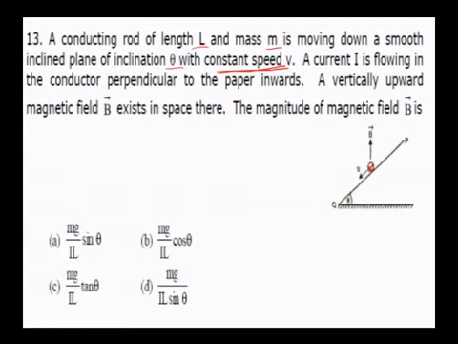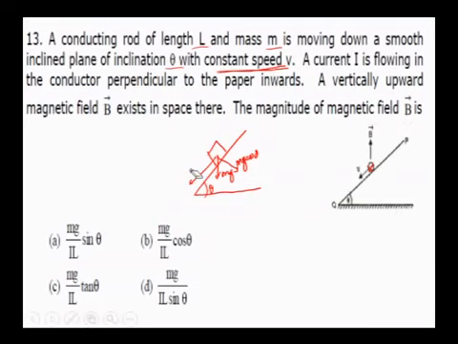Okay. So, we know that if any body is placed on an inclined plane, for example, if this body is placed on an inclined plane, its weight is acting in downward direction. If you take this angle as theta and resolve this weight, along this you will get mg sin theta, and along this you will get mg cos theta.